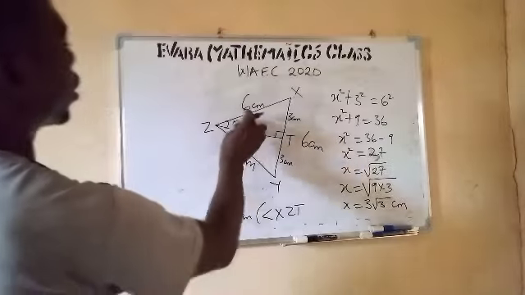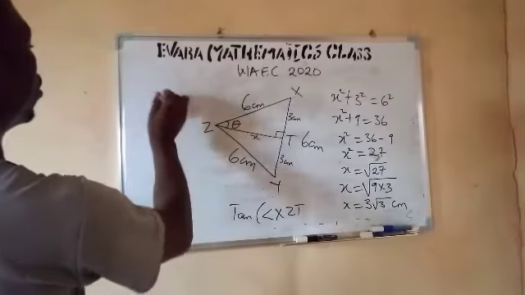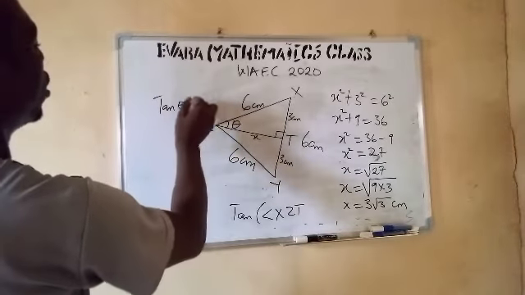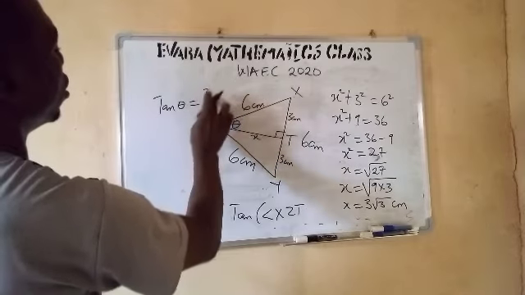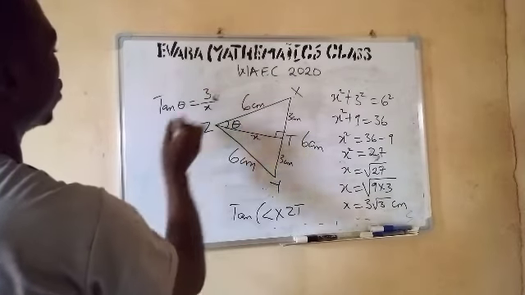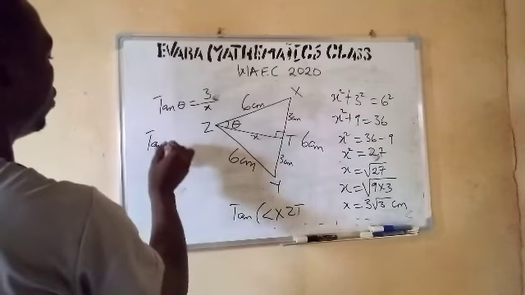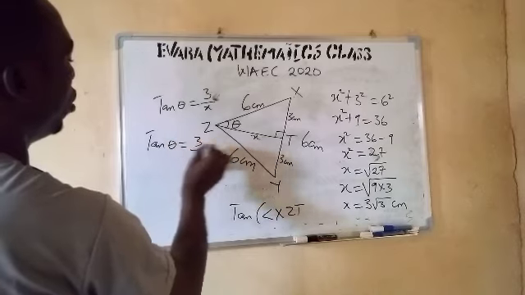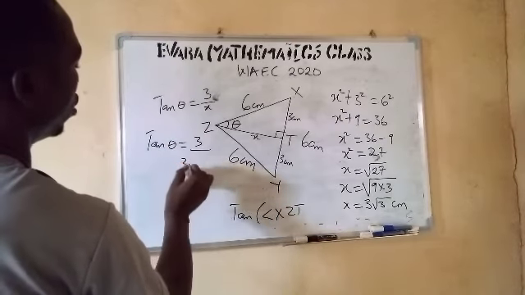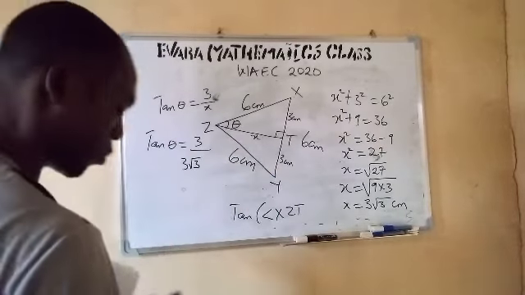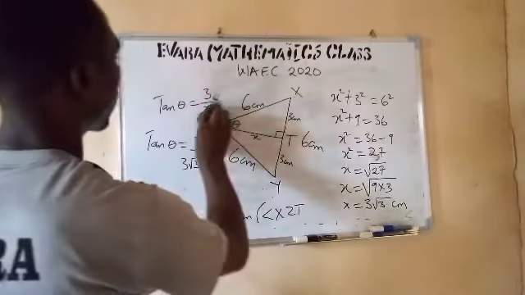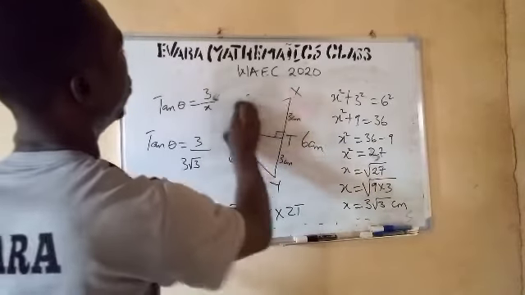So the tangent of this angle, tan theta, is 3 over x. So tan theta will now be 3 over 3 root 3.